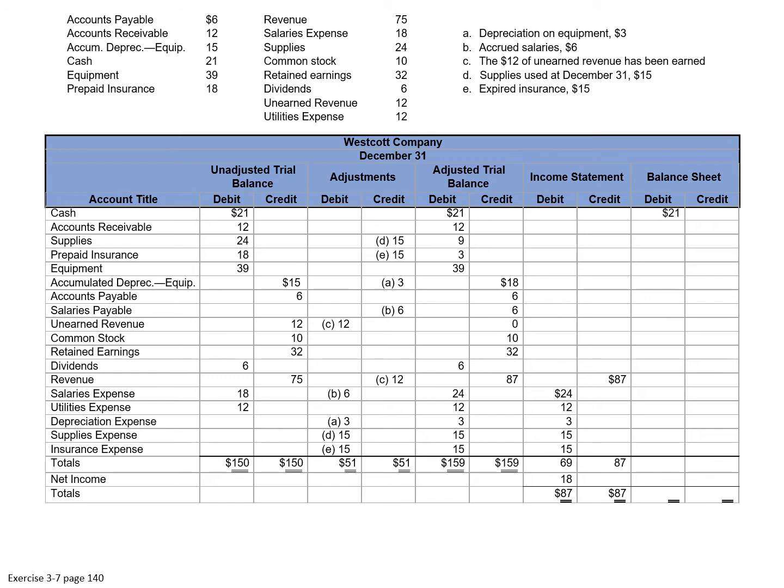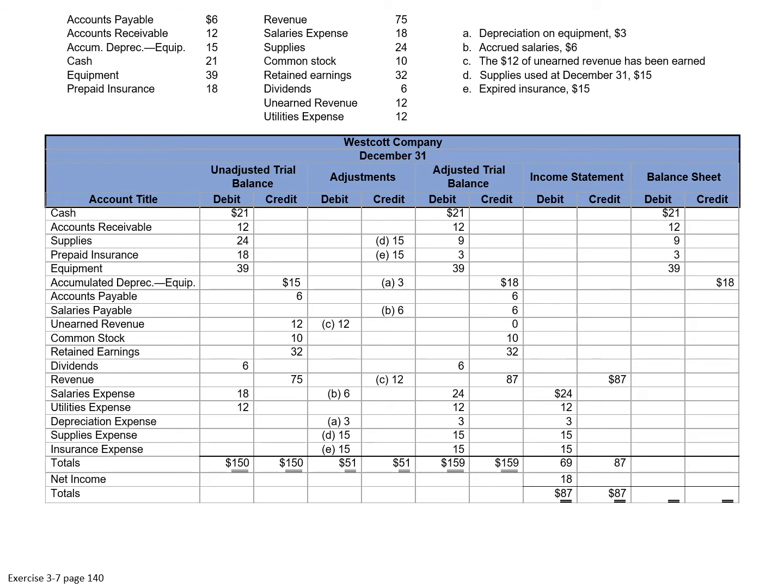Okay. So then if we move to our balance sheet, cash as an asset belongs on the debit side, right? So we have $12, $9, $3, $39. We have our $18 of accumulated depreciation, 6 of accounts payable, 6 of salaries payable. We have no more unearned revenue.